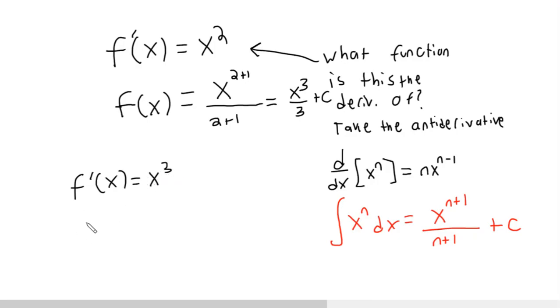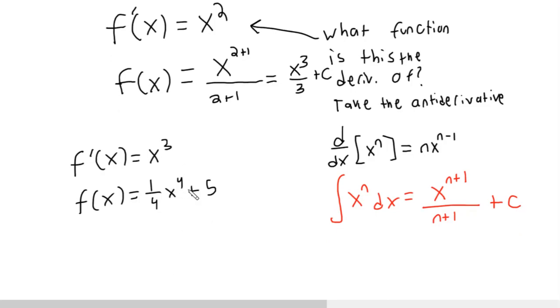Then the antiderivative of this, we could just say it's f of x equals 1/4 x to the 4th plus 5, right? If I take the derivative of this, you bring the 4 down and then you subtract, I get x cubed, and this 5 would go to 0. Well, I could even argue that the original function was 1/4 x to the 4th plus 17. So, if I differentiate this, I would get right back to this. These would both lead to the same place.